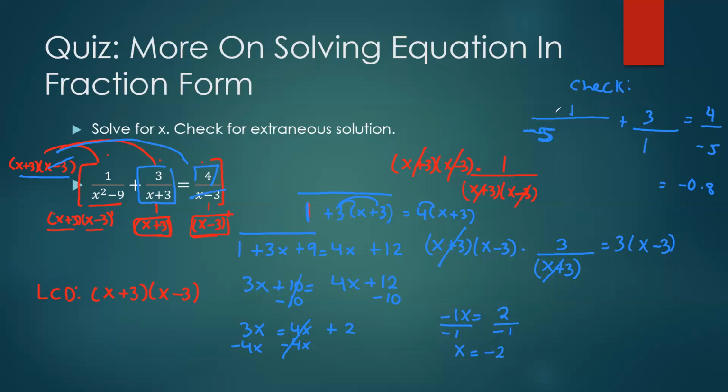And if you want to put this in the calculator, negative 1/5 plus 3, I get 2.8. So did we do something wrong? Or maybe it isn't extraneous. Let me check my work.